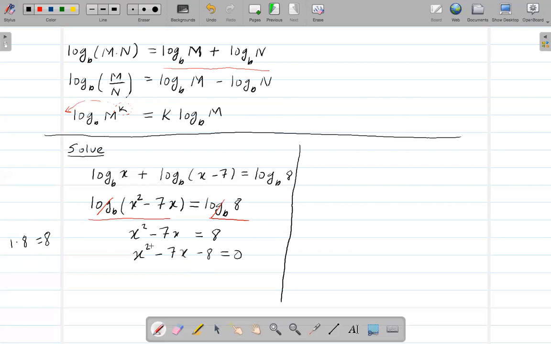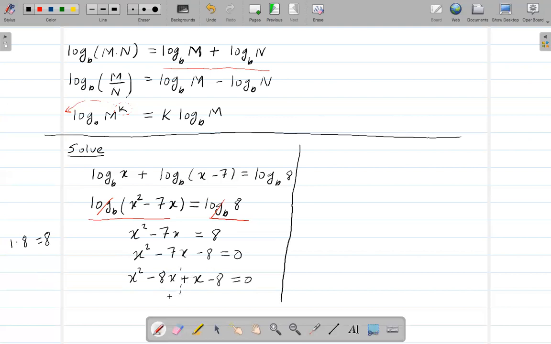Since we have a middle term negative 7, I have to use the factors of it. It looks like I can use 8 and 1. So from here I get x squared, the first and the last term stay the same, and for the middle part, negative 7x, I can use negative 8x plus 1x, because negative 8x plus x is negative 7x.